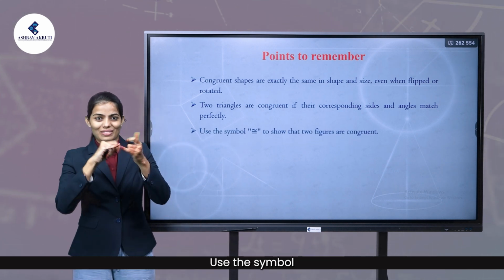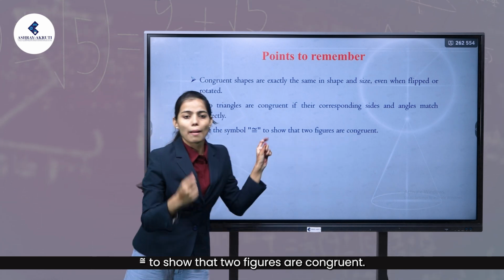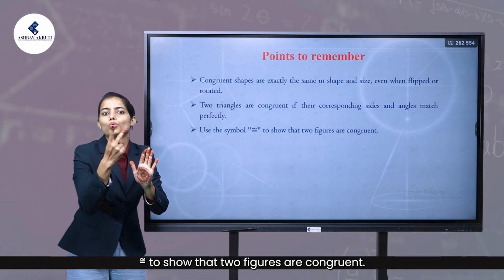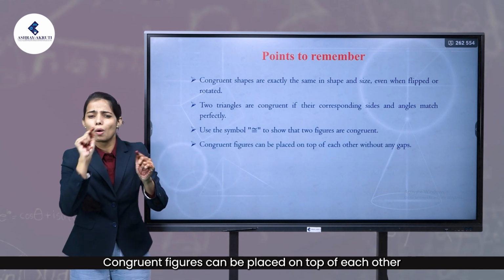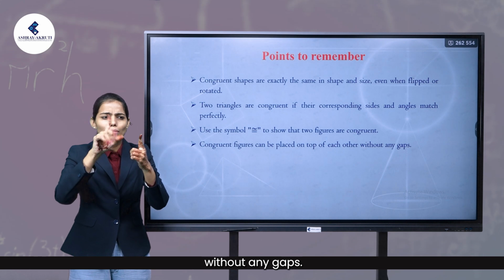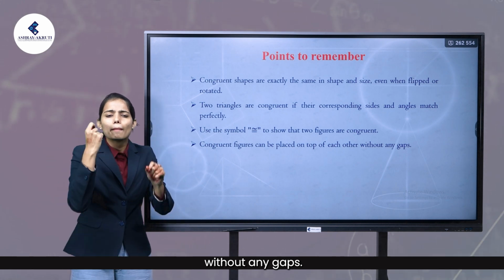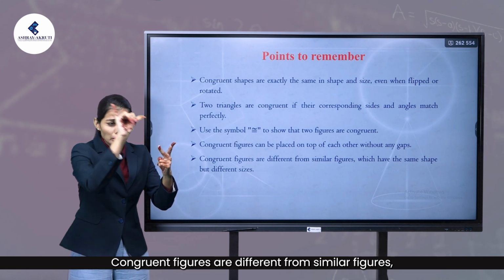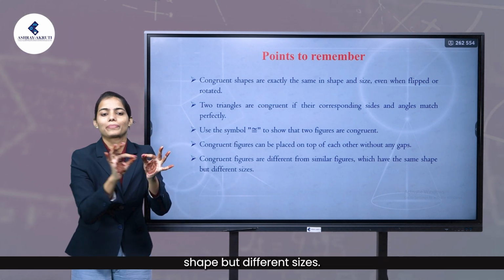Use the symbol to show that two figures are congruent. Congruent figures can be placed on top of each other without any gaps. Congruent figures are different from similar figures which have the same shape but different sizes.